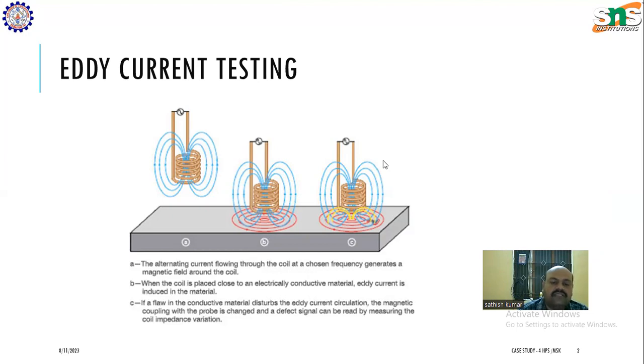If a flaw is in the conductive material, it disturbs the eddy current circulation. The magnetic coupling with the probe is changed and a defect signal can be read by measuring the coil impedance variation. So let us clearly understand with a small analogy.